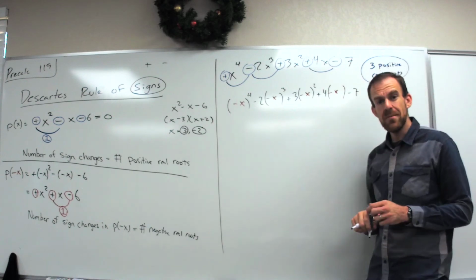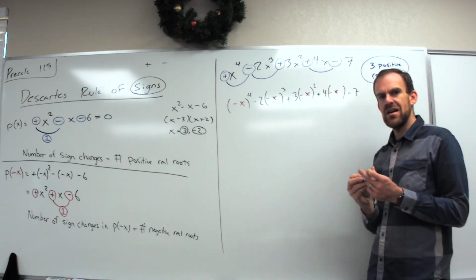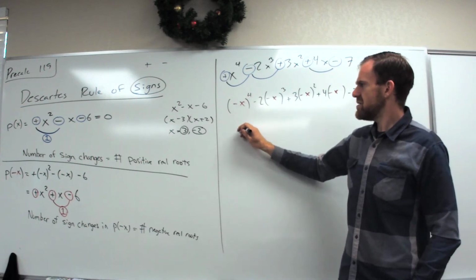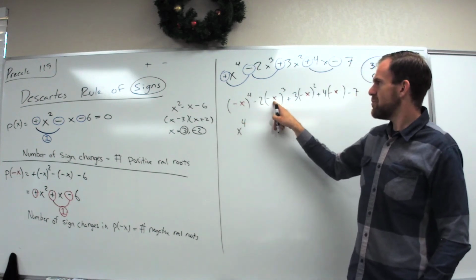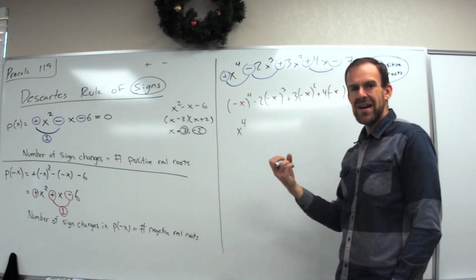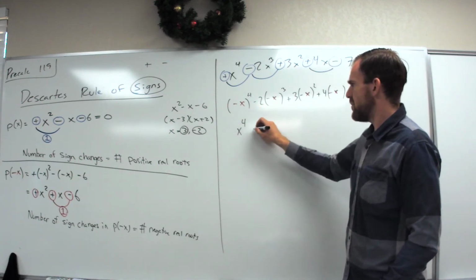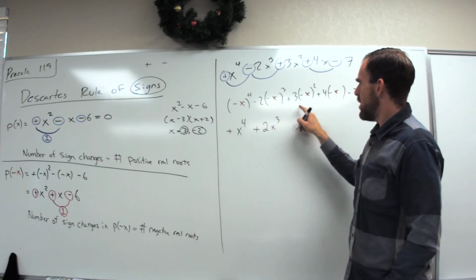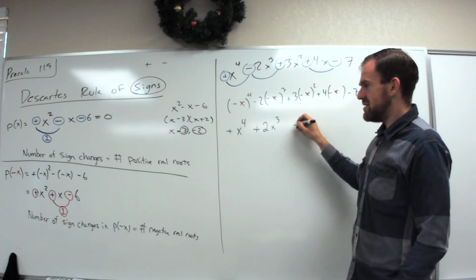I've tried to line those up as much as possible so that you can see what I'm doing here. So negative x to the fourth is simply x to the fourth. This one is going to be negative because to a cubed power, I get that negative out. So this will end up being positive 2x cubed. This one will not change because it's to an even power.